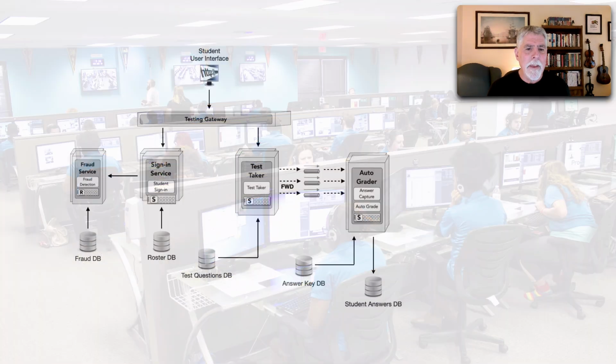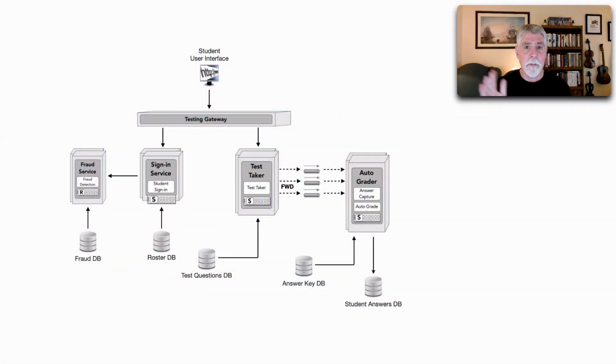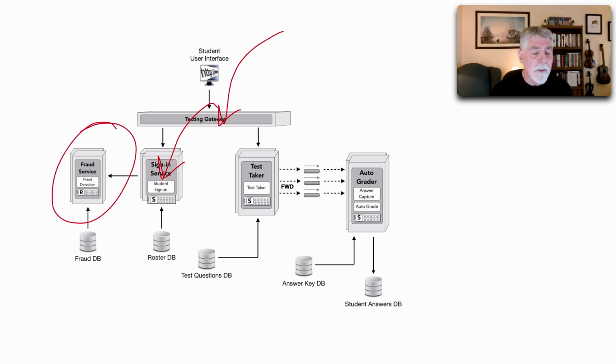Well, this is the existing architecture. So this system has been in place for, let's say, 5 years. And notice here, if I explain very quickly, students go through a testing gateway and they sign in using this sign-in service. I've got a fraud detection service here just to make sure that they're not cheating, or maybe taking a test for somebody else, or signing in multiple times and taking a test over and over to get a better grade.